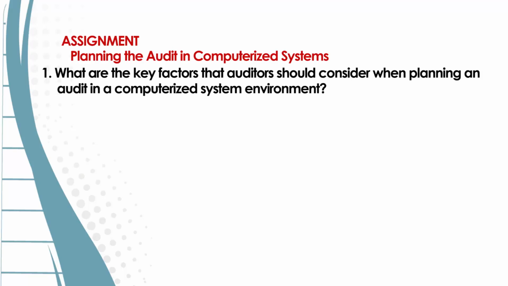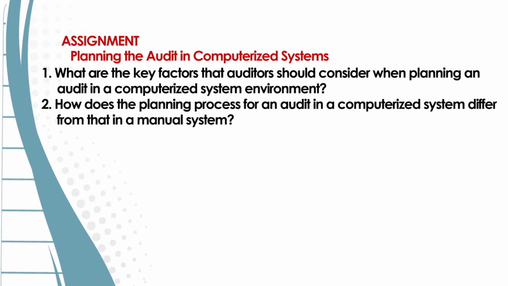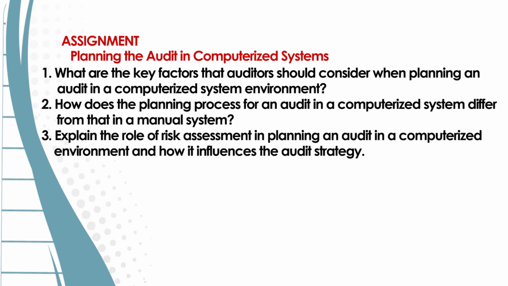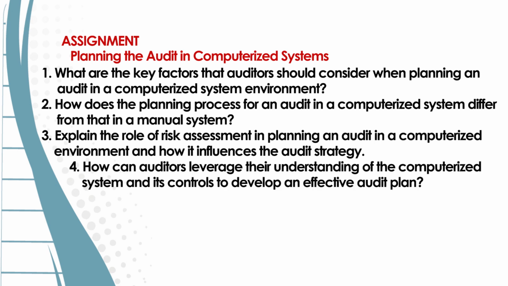Assignment. Number 1, what are the key factors that auditors should consider when planning an audit in a computerized system environment? Number 2, how does the planning process for an audit in a computerized system differ from that in a manual system? 3, explain the role of risk assessment in planning an audit in a computerized environment and how it influences the audit strategy. 4, how can auditors leverage the understanding of the computerized system and its controls to develop an effective audit plan?